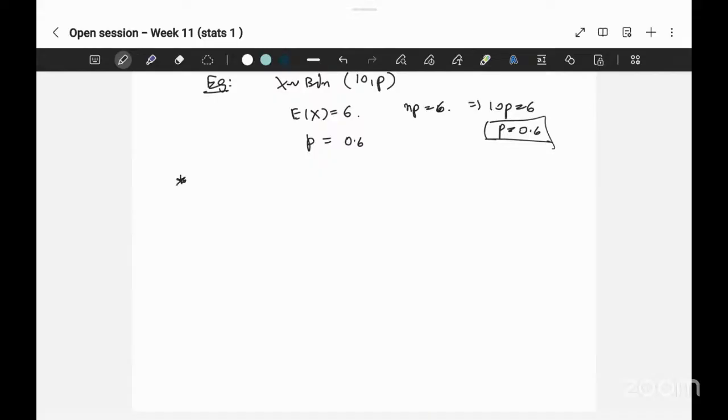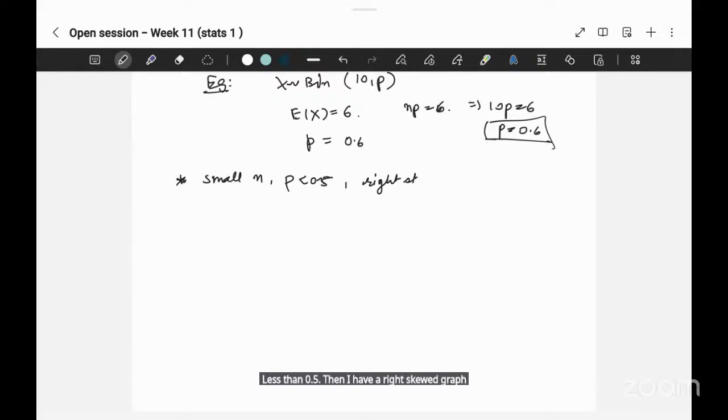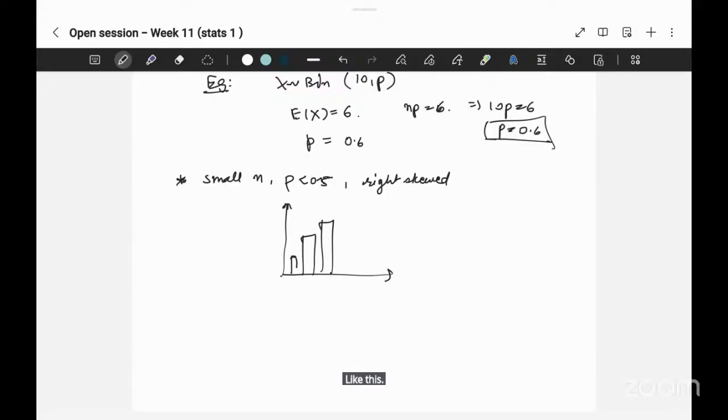And one more thing. There are a few points. If I have a small n and p is less than 0.5, then I have a right skewed graph, in the sense that I will be having a graph in the shape of something like this.